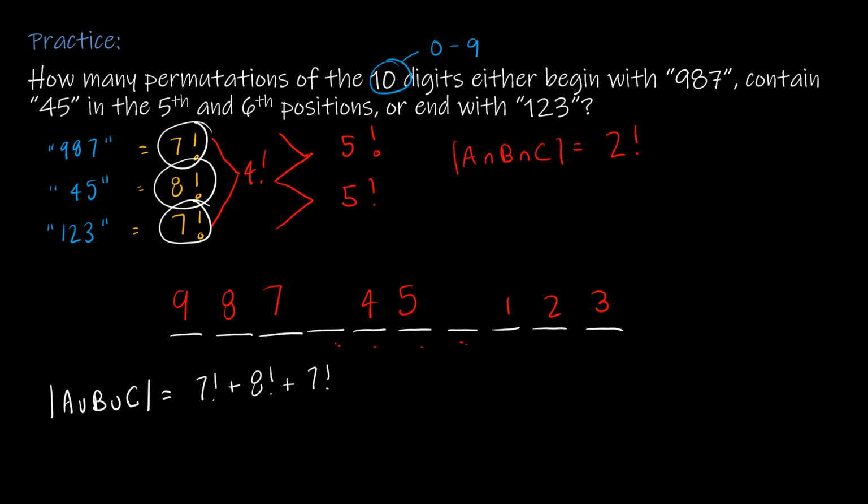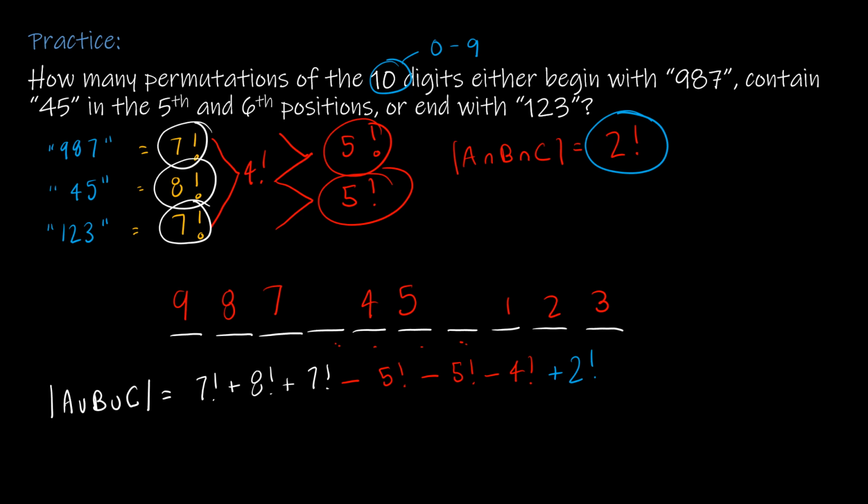Then I'm going to subtract A intersect B, 5 factorial, B intersect C, which is 5 factorial, and A intersect C, which is 4 factorial, and then I'm going to add back in 2 factorial. And I would go ahead in this case and find the exact solution, which is 50,138.